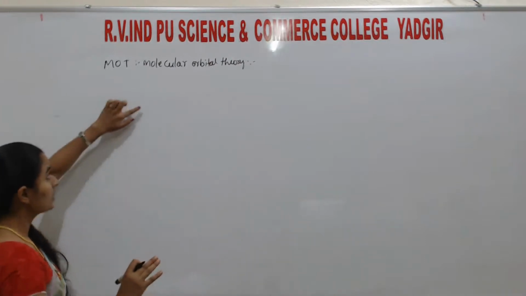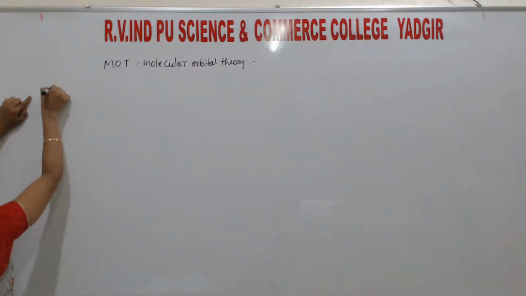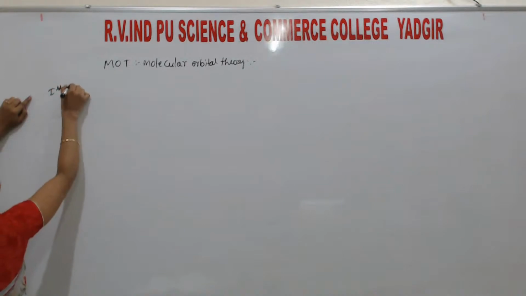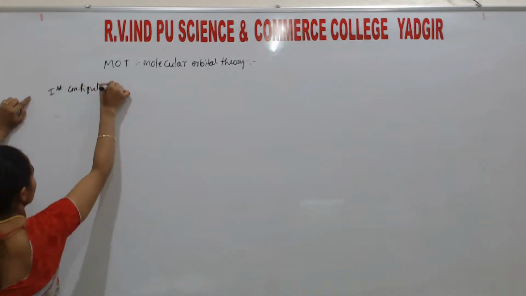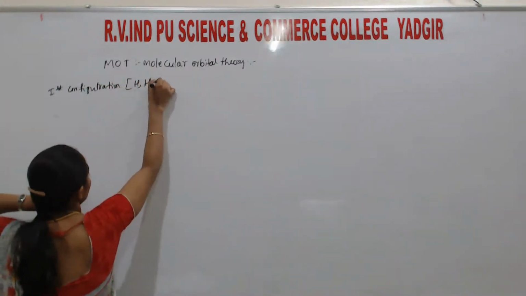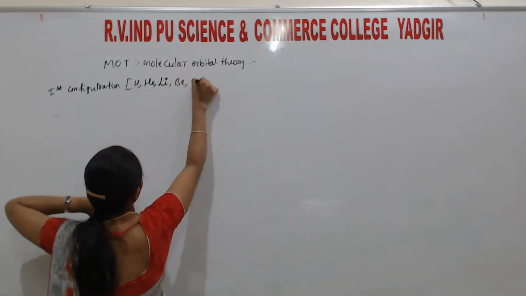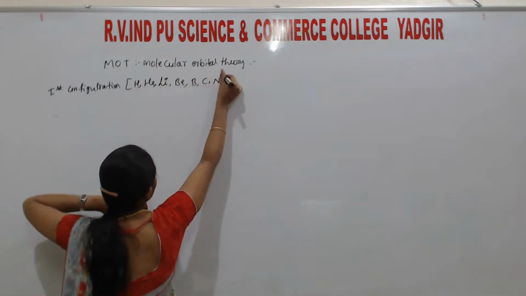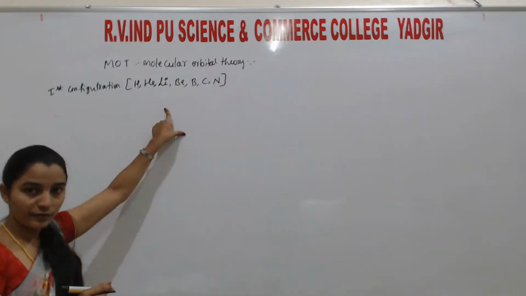Listen here, two configurations are there. The first configuration is for hydrogen, helium, lithium, beryllium, boron, carbon, nitrogen. Only these follow the following configuration.